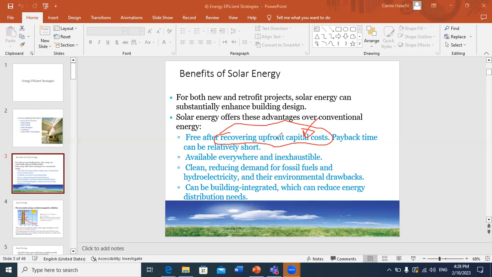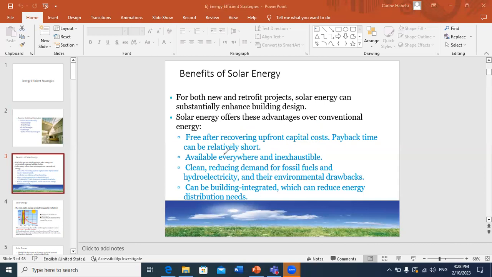That's why whenever we suggest any project, we should do the economical analysis, especially if you have renewable energy, because of the large initial investment. So we should make sure that the payback time period can be relatively short to have an economically viable system. This is why, as we discussed, we developed a lot of solar technologies to make them economically viable and to have relatively acceptable payback periods.